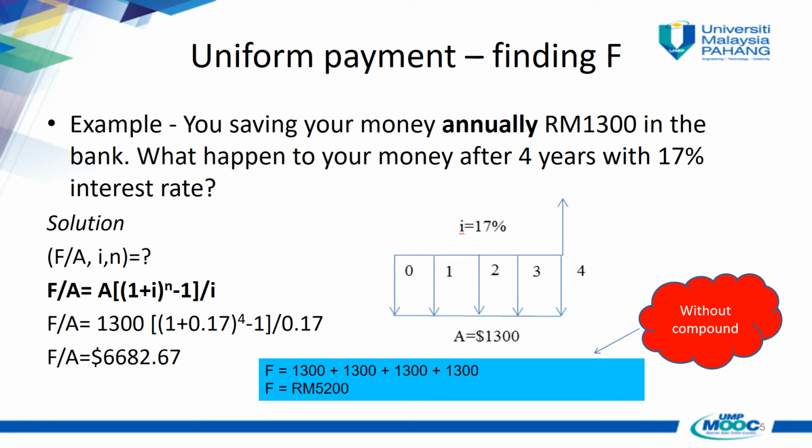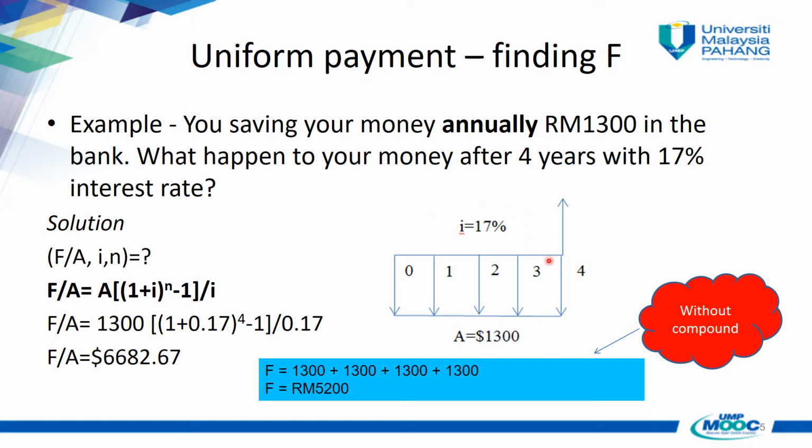Okay, this example is for the uniform payment. We make an annual saving of 1,300 ringgit every year from year 0, year 1, year 2 up until the 4th year. And then we want to find out what happens to our money after 4 years with a 17% interest rate.